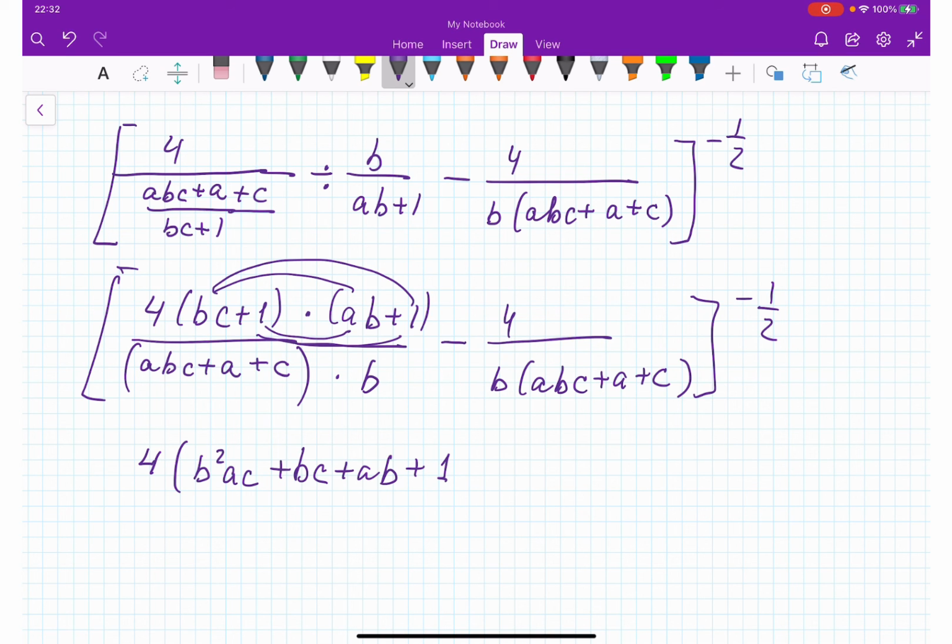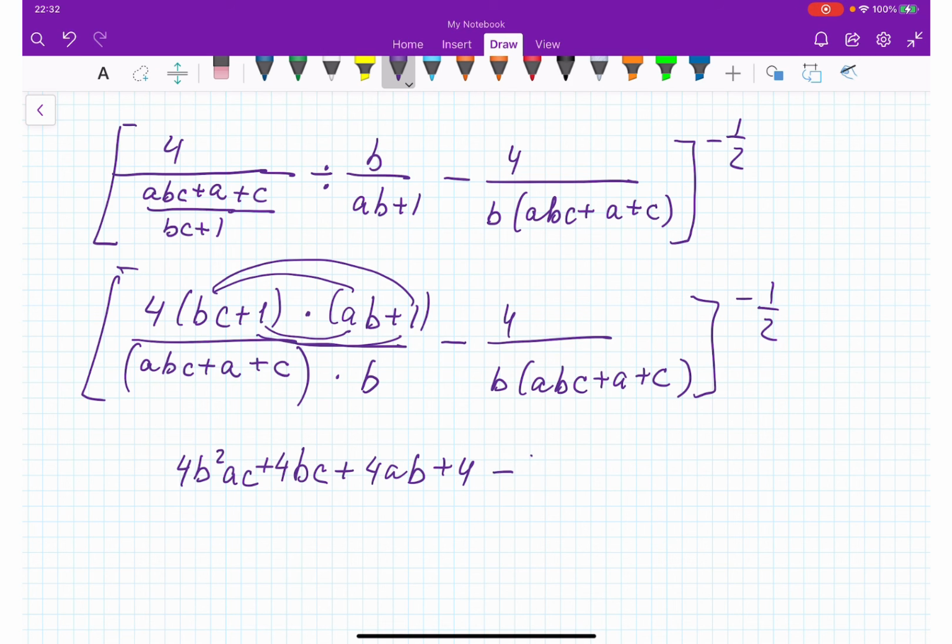Now, since I have to multiply 4 by every single term here, let me clean this parenthesis and multiply by 4 every single term here. It's going to be plus 4 times AB, and instead of 1, we will get 4, right? 1 times 4 is 4.